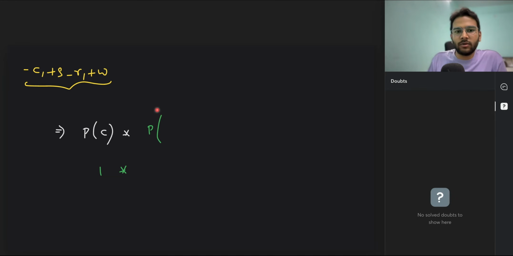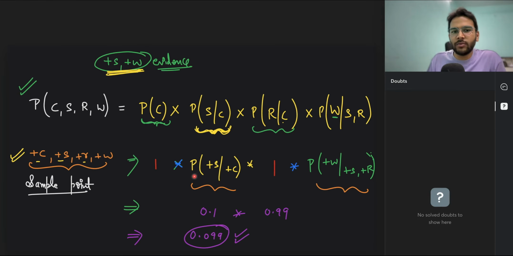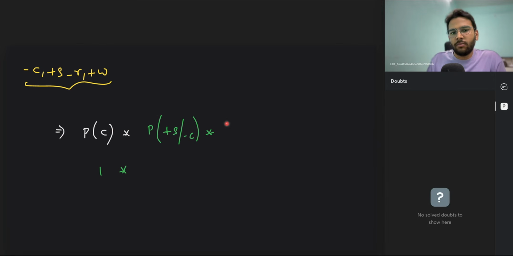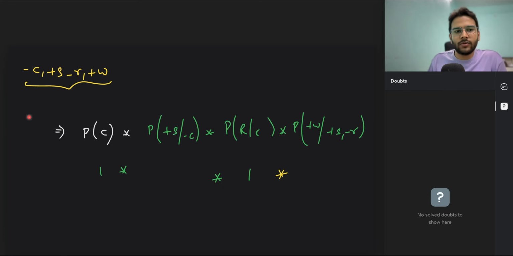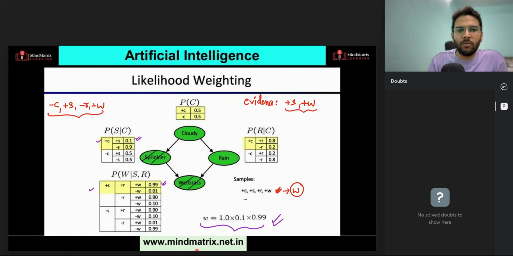For this, it is the probability of sprinkling given not cloudy. I'm writing this using the joint distribution only. Probability of rainy given cloudy is also 1 because I don't have any evidence involved in it. And then we have probability of plus W given S and R, so it is plus S minus R. Fine. So what are the values here? Plus S given minus C, you can find it out, that is nothing but 0.5.